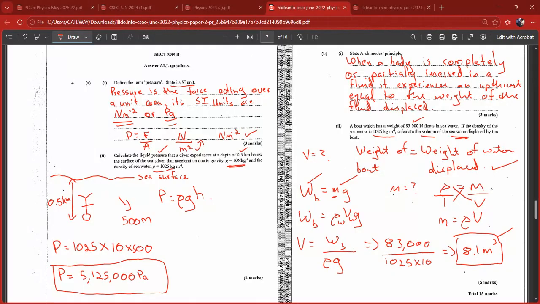So the mass of the water divided by the volume of the water is equal to the density of the water. Cross multiply, you will get mass of the water is equal to the density of the water by volume of the water. So volume of the water would be equal to the weight of the body divided by density of the water times gravity, which we're getting 8.1 meters cubed. You all understand the solution here, right?